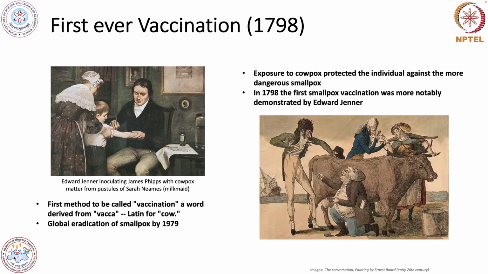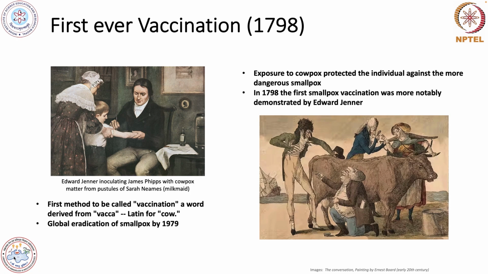He also investigated this phenomenon, and finally he performed a very simple experiment, not an experiment, a real trial you can say, on his gardener's boy, whose name was James Phillips. He inoculated the cowpox pustules to that kid, and later on he infected him with smallpox.